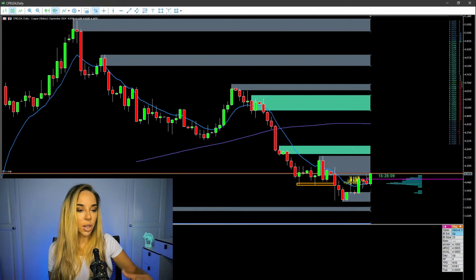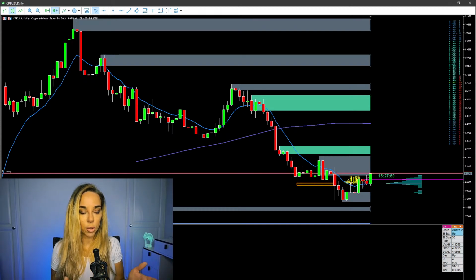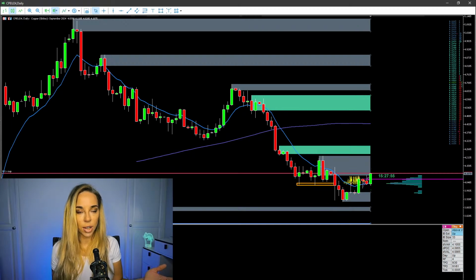So instead of sizing up, I would actually size down into the end of the week. Or not size up at all, just stay where you are, but maybe lower the frequency of the trades that you're doing. So if you're normally doing, let's say, 5 trades per day, maybe consider stopping after 2 or 3. Okay, so that's one thing.